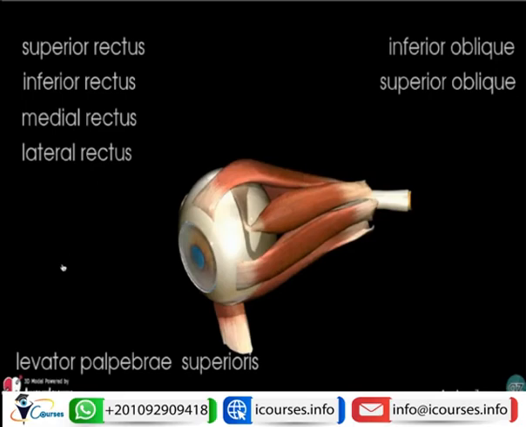Functionally, they can be divided into 2 groups. The first group is responsible for eye movement, the recti and oblique muscles, and the second group is responsible for superior eyelid movement, that is the levator palpebrae superioris.